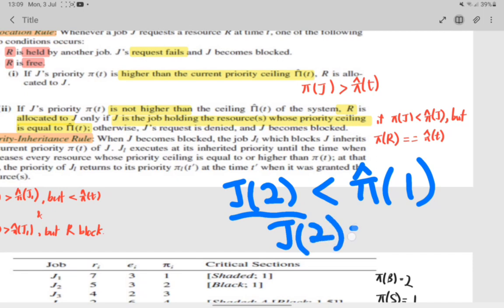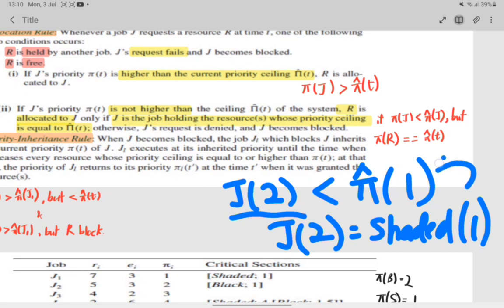Let's say it holds the shared resource. The priority ceiling of this shared resource is 1, the same as the current priority ceiling, so this job will be allocated the resource.